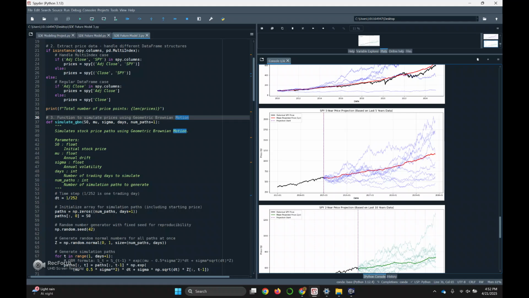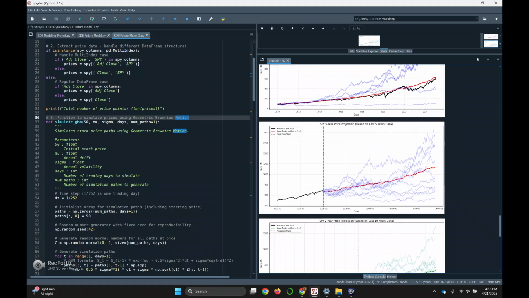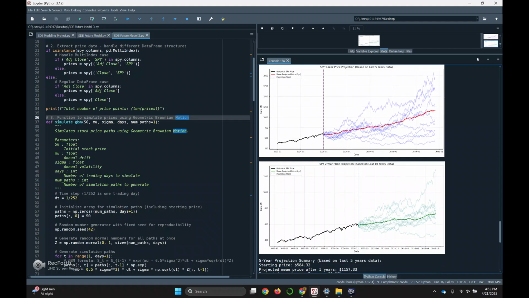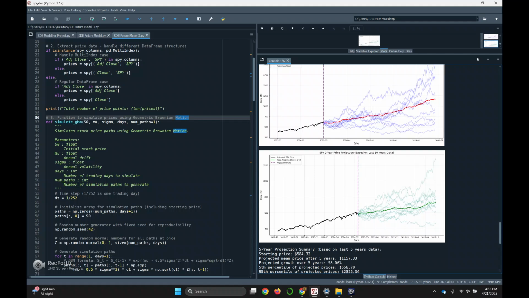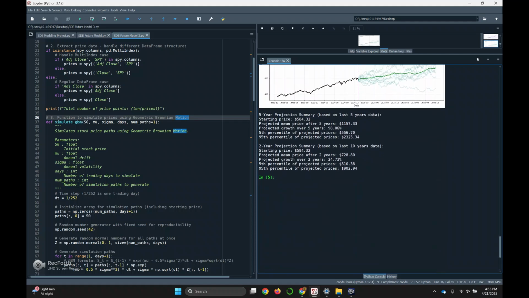However, if you see a large downtick in this black line at the beginning, you will see that reflected in the future, because it is using the average volatility over the last X amount of time frame. We could really easily make a graph like this that just looks at the last 6 months and projects out into the next 6 months, and you can actually get a really solid line of where that is.